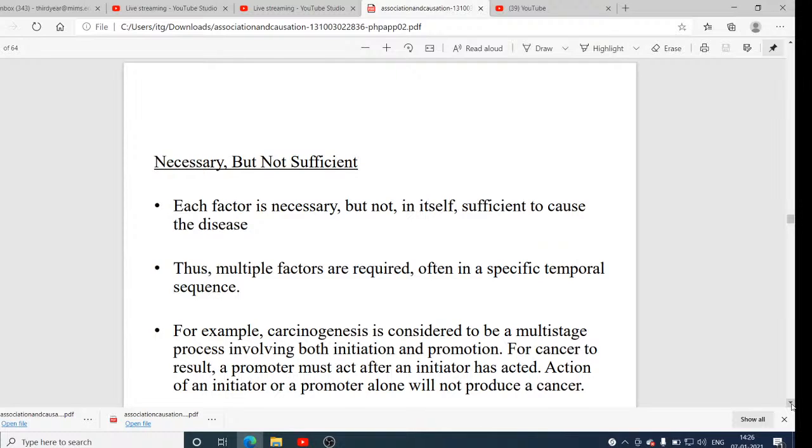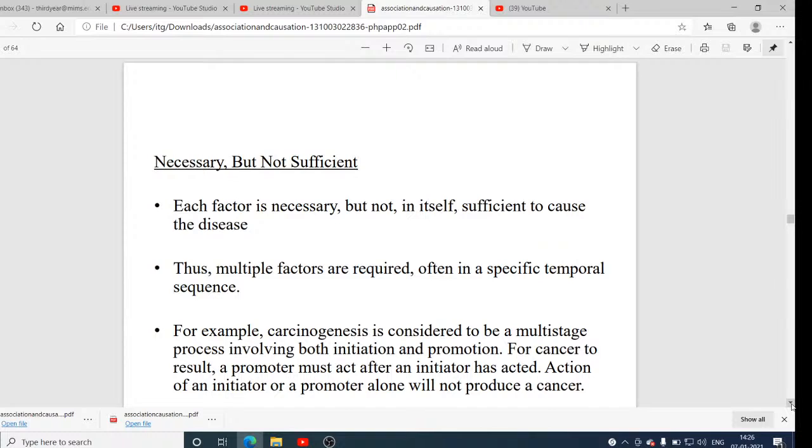The whole concept is, if there is some factor which is not sufficient to cause the disease, it is still associated with the disease. Sometimes we need multiple factors in a composite way so that the disease can occur.